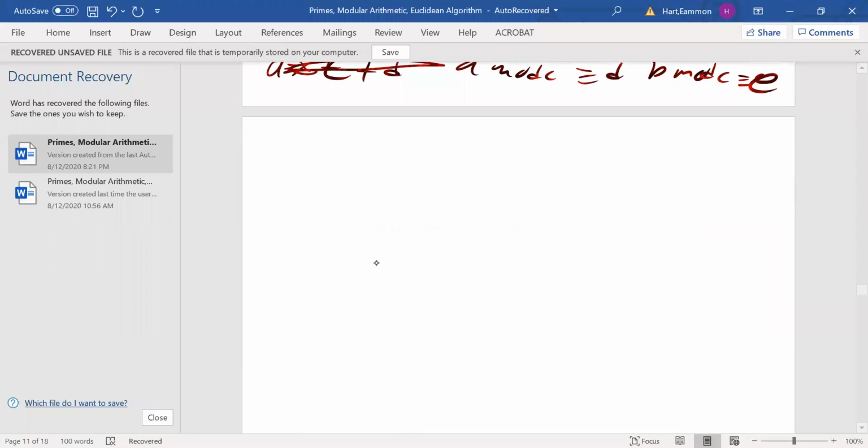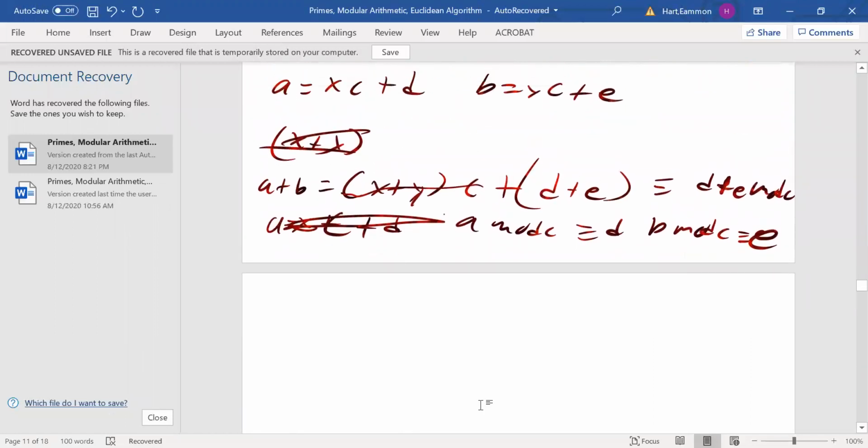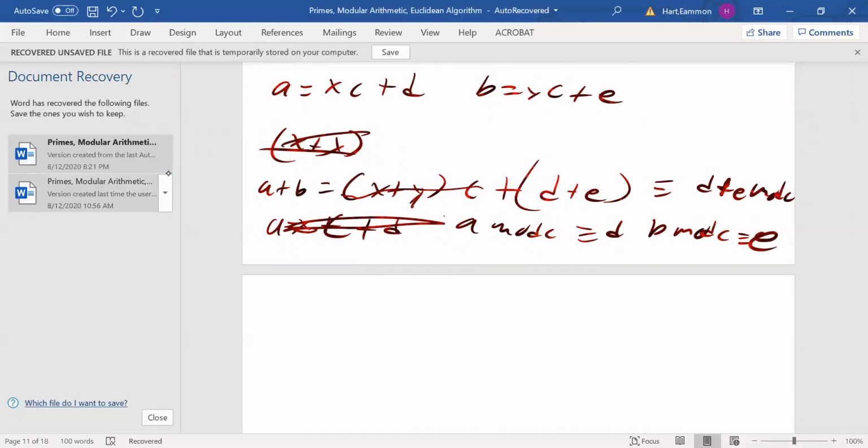So if, instead of adding them together, I did a times b, then what I would get is xc plus d times yc plus e.